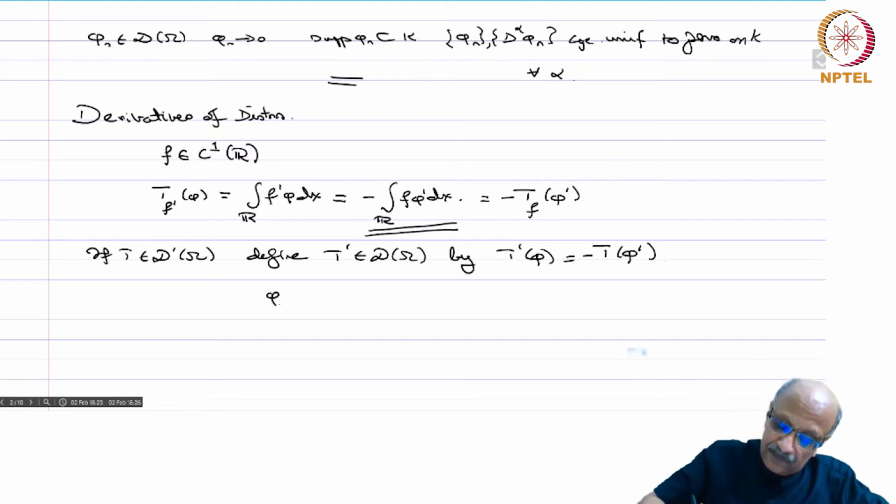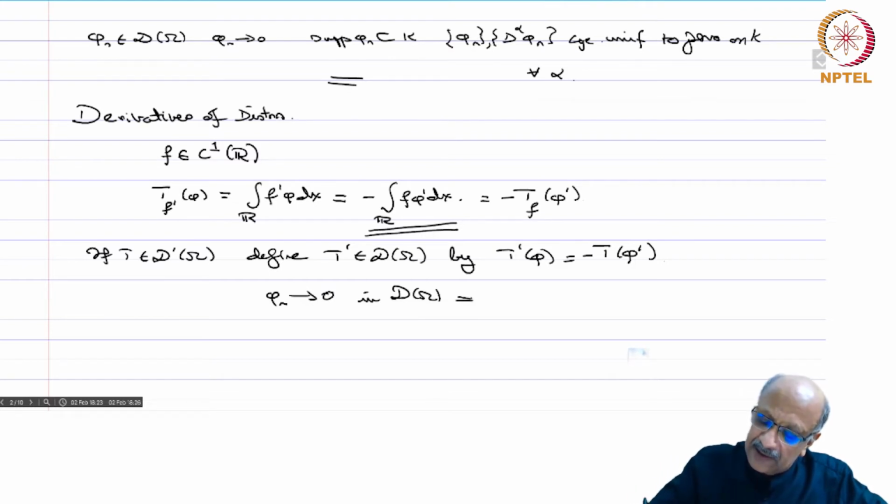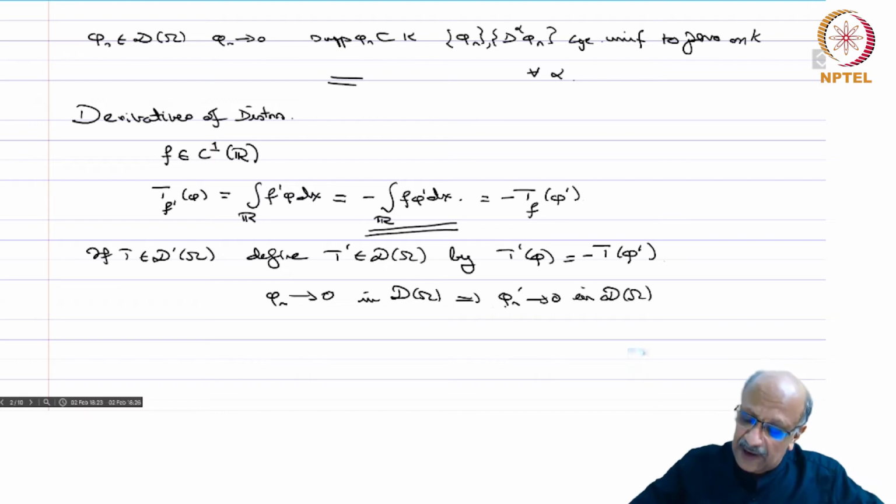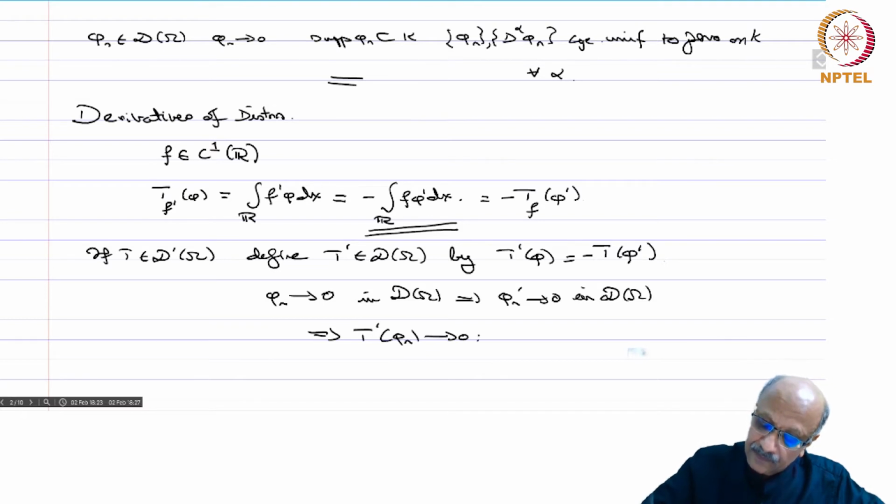If phi n goes to 0 in D(omega), automatically this implies that phi n dash also goes to 0 in D(omega), because the supports of phi n dash are in the supports of phi n, and therefore they are all in a fixed compact set K, and all derived sequences go to 0 uniformly. Phi n dash, its derivatives are phi n double dash, phi n triple dash, etc. They will also go to 0. So this implies that T dash of phi n goes to 0. So T dash is indeed a distribution.